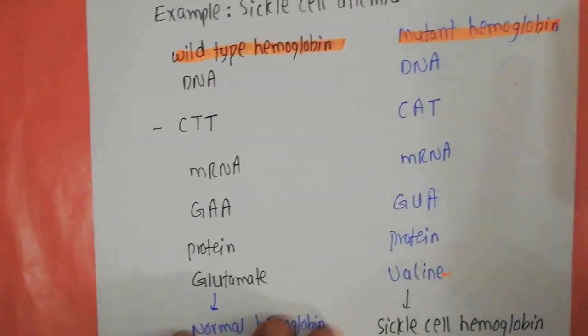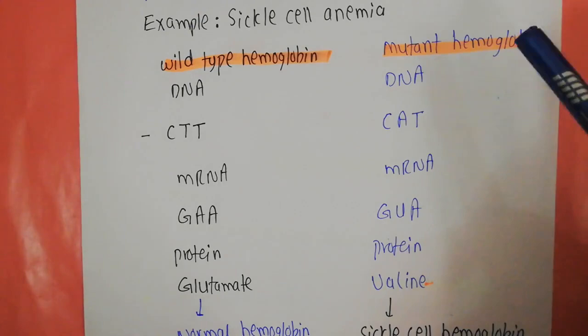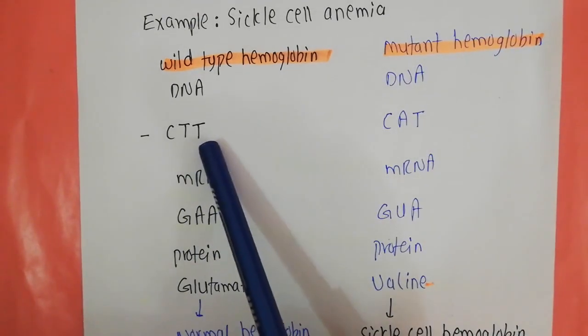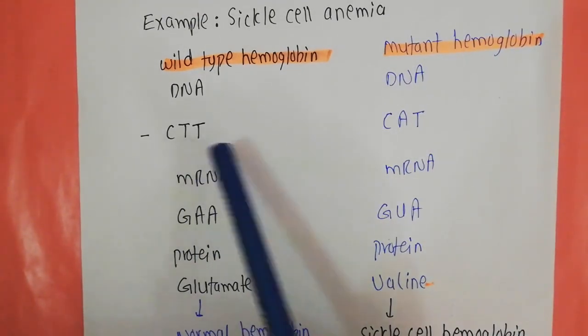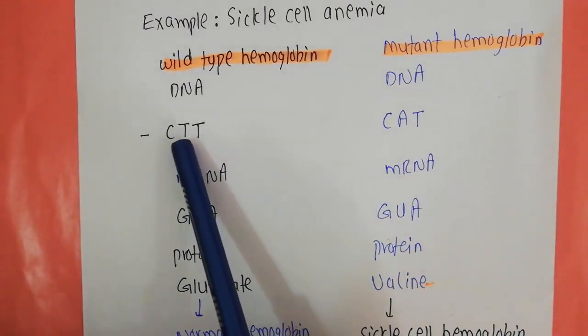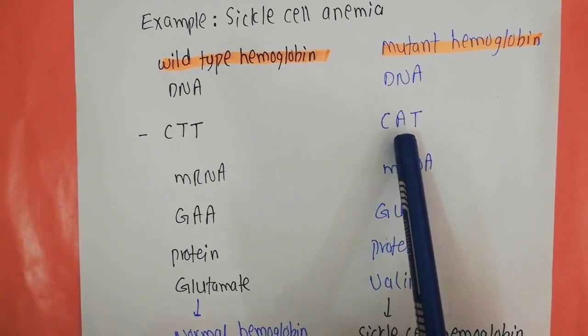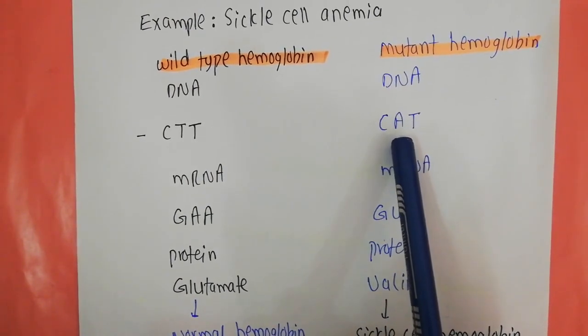When you talk about the mutant hemoglobin, where there is a missense mutation, this sequence is changed into CAT. If you look at this, the middle T is changed to adenine. So you are actually talking about a single nucleotide change.